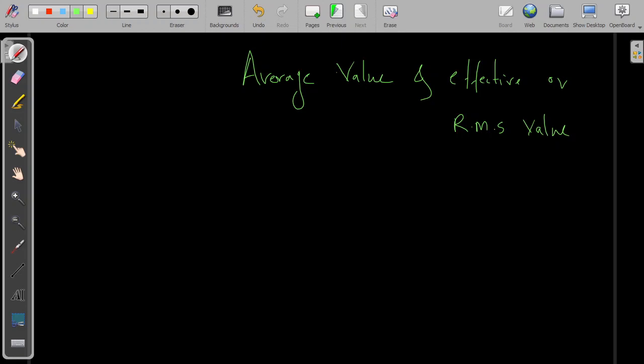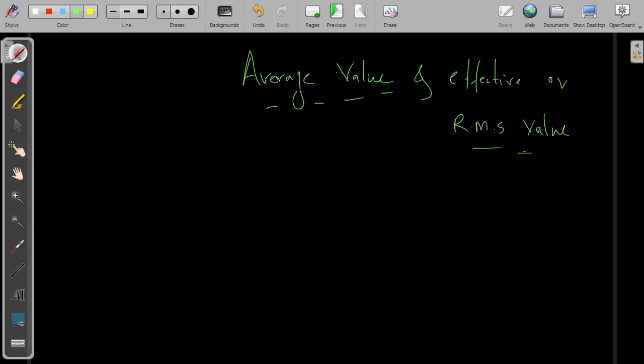Okay, RMS value and average value, these are two definitions.